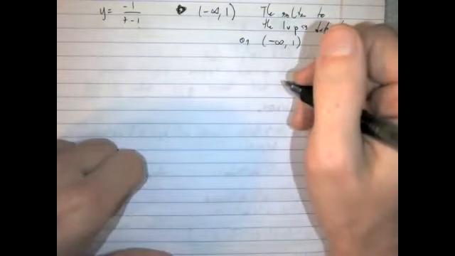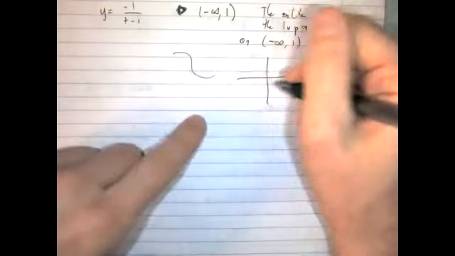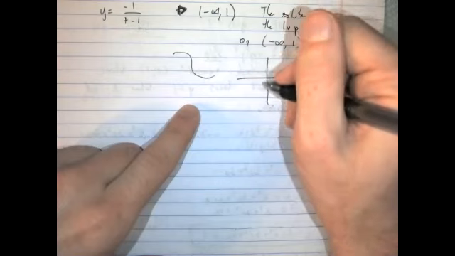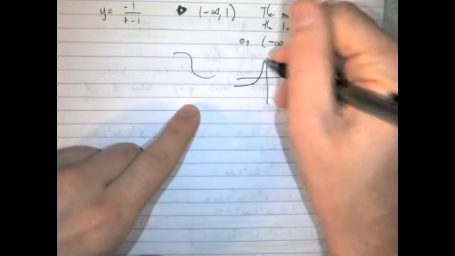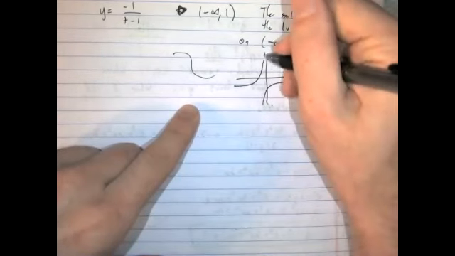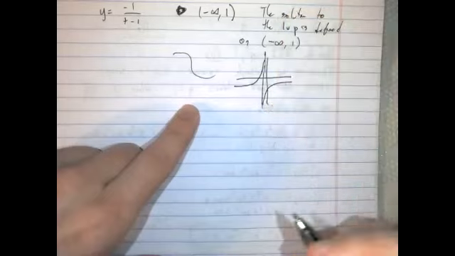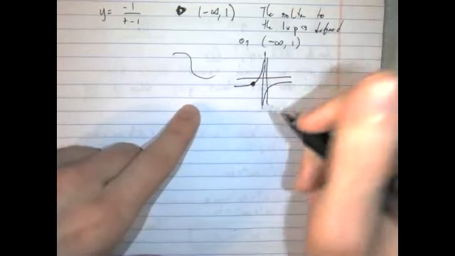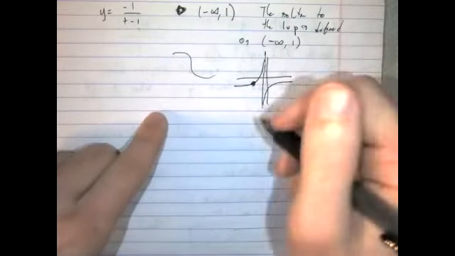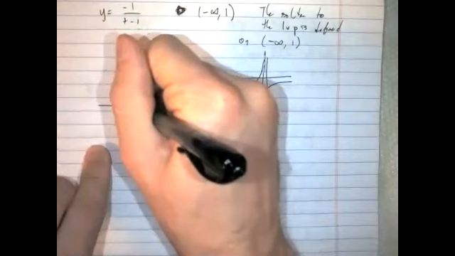This looks very close to -1 over t, so the family of functions looks kind of like this. But the point is, there's a vertical asymptote. So the only thing that really makes sense to consider is the curve at 0, 1. So we should have a curve passing through this point.